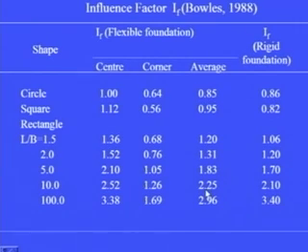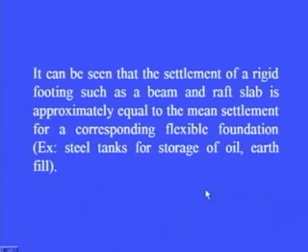Similarly, for other values of L by B. It can be seen that the settlement of a rigid footing such as a beam and raft slab is approximately equal to the mean settlement for a corresponding flexible foundation. For example, steel tanks for storage of oil or earth fill are examples of flexible foundations.